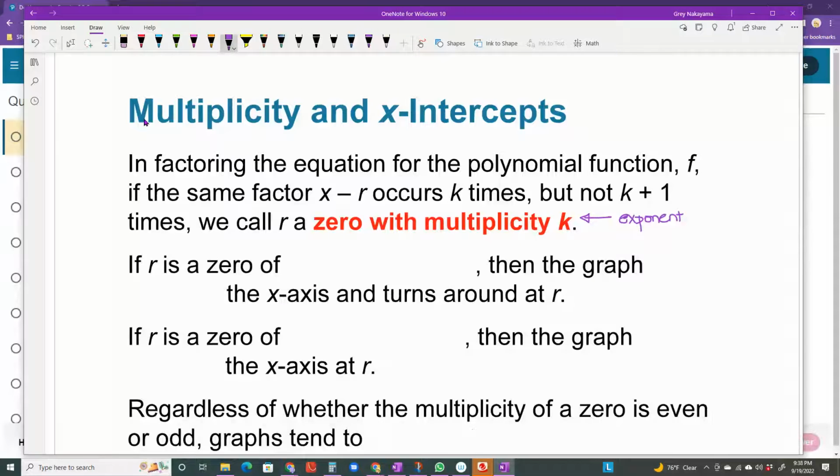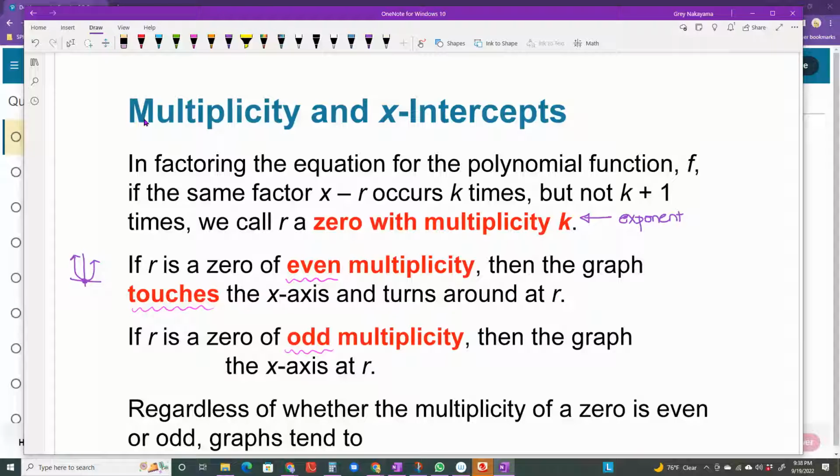So that last one that we just did, hold on, let me finish talking, and then we'll go back and look at that. Now, if it has an even multiplicity, then the graph will touch the x-axis. Think about y equals x squared. It touches the graph right there.